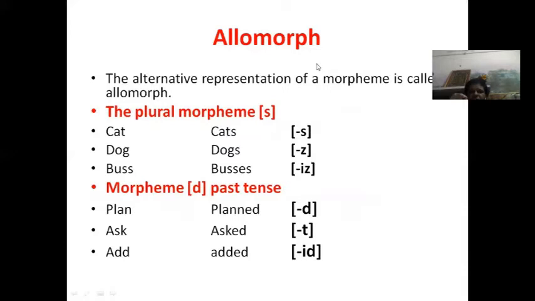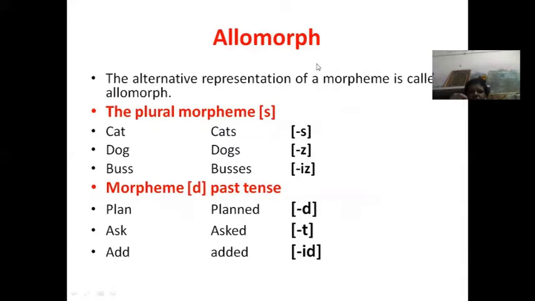So the morpheme s has a variation in its sound in the plural form, but it is different again in another word, pets. In pets, the s is pronounced as s and not z.